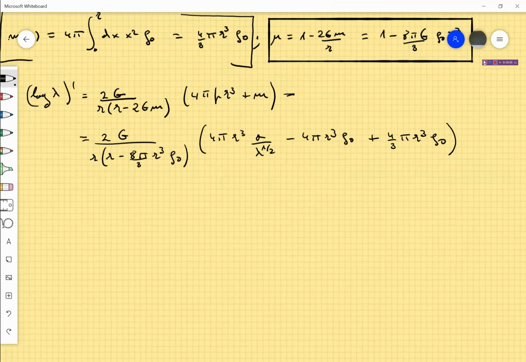I can take 4 pi r cubed as a common factor.